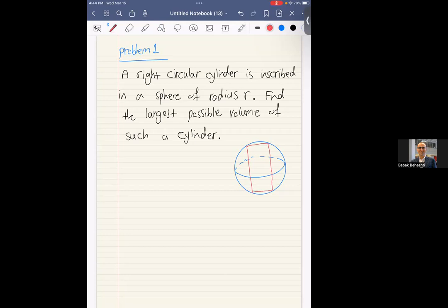So this is basically a cylinder. Find the largest possible volume of such cylinder.